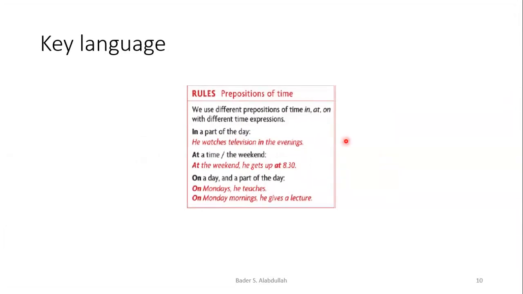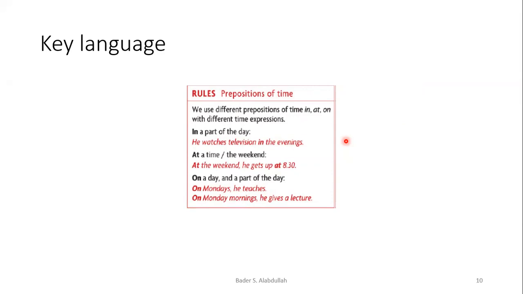Okay, so some rules. First, prepositions of time. We use different prepositions of time: in, at, and on, with different time expressions. We use in with part of the day, like he watches television in the evenings.